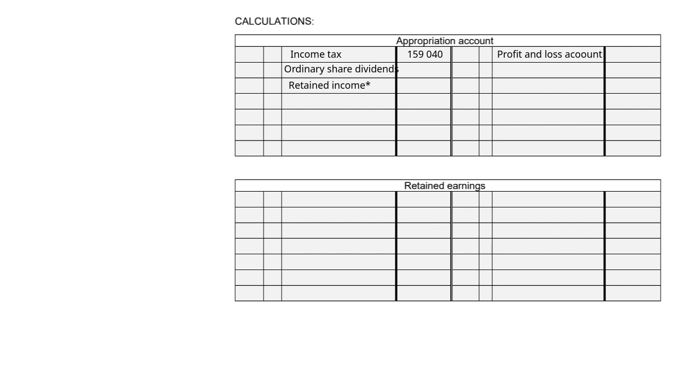And then if we go back to note number 3 and note number 2, SARS for dividends in 2025, 76,000. So our dividends will be 28,000 plus 76,000, and that gives us a total of 104,000. That would be the calculation for ordinary share dividends.